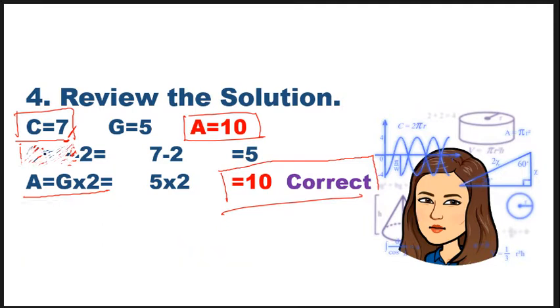So this is G is equal to C minus 2, which is equal to 7 minus 2 is equal to 5.